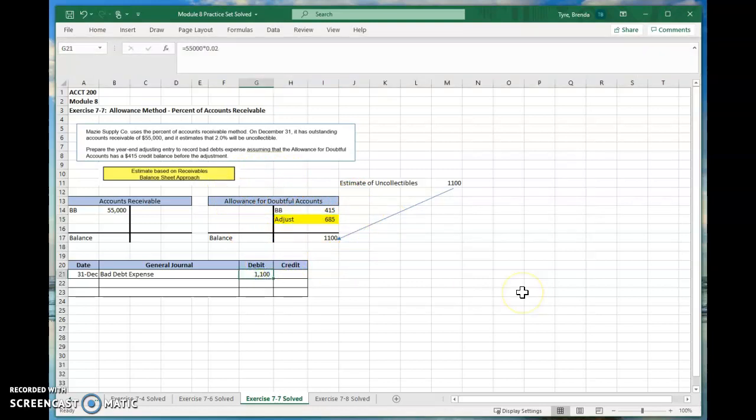So my amount is $685, and I'm going to credit the allowance for doubtful accounts for the same amount.